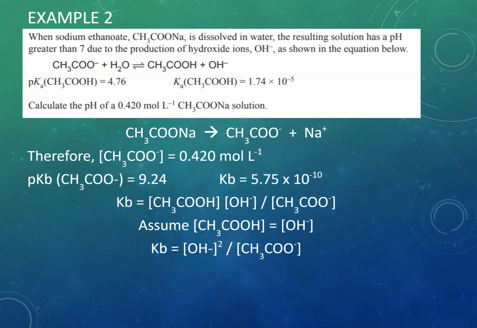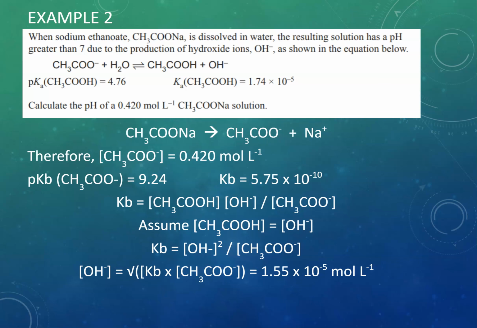So I can simplify that equation and I can rearrange it and solve it to work out my OH minus concentration. At this point there are two ways you can go. You can convert your OH minus concentration to an H3O plus concentration, and from that you can calculate pH.